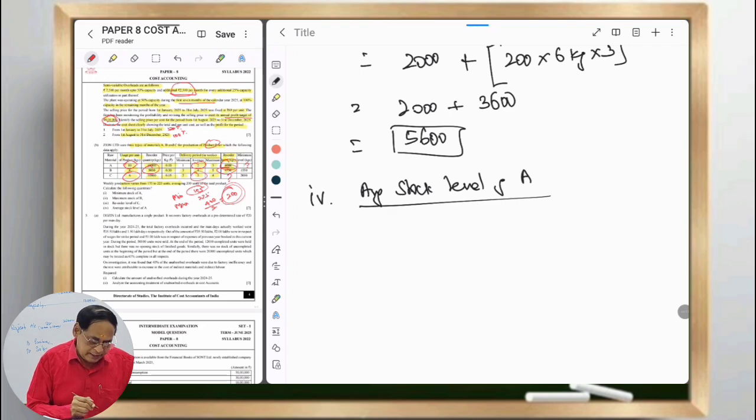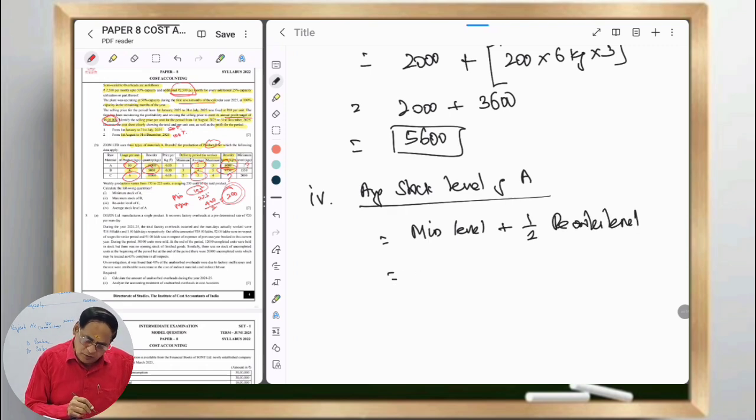First prepare the second method. So average stock level equal to minimum stock level plus 1 by 2 reorder quantity.